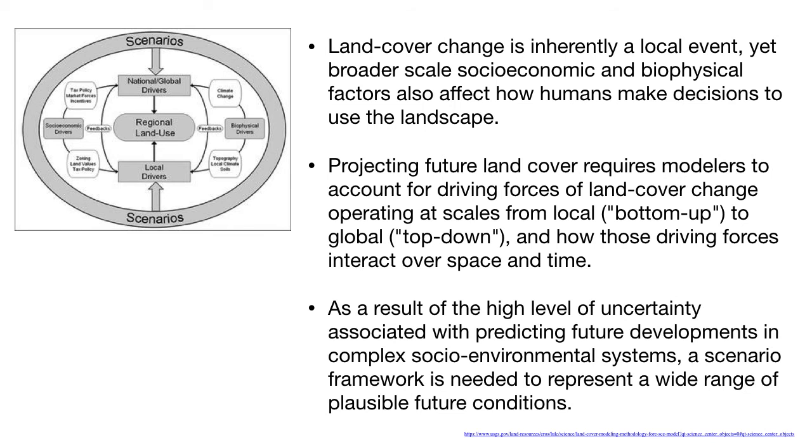As a result of the high level of uncertainty associated with predicting human behavior or future development in complex socio-environmental systems, a scenario framework is needed to represent a wide range of plausible future conditions, similar to the scenarios used in climate modeling analysis.